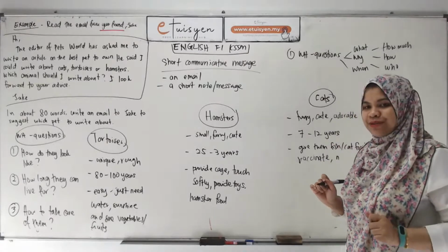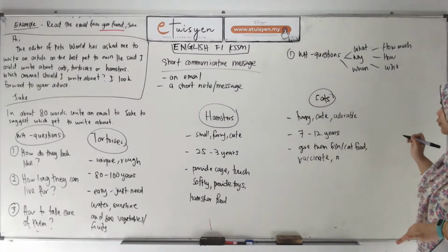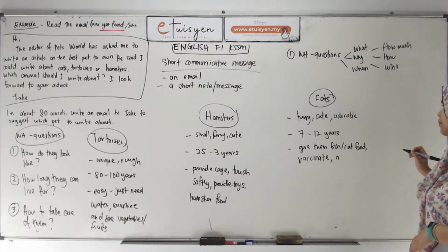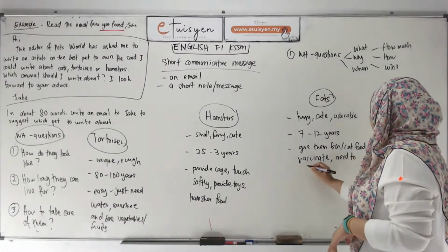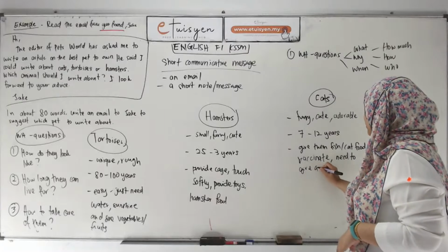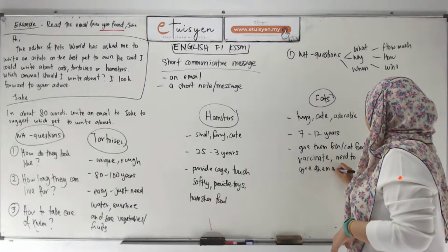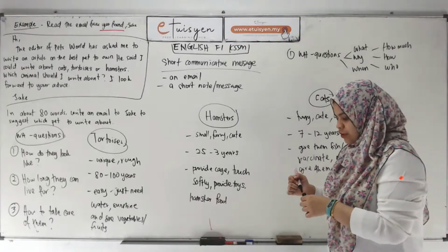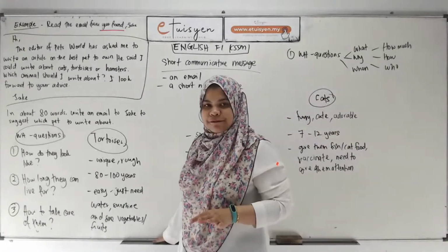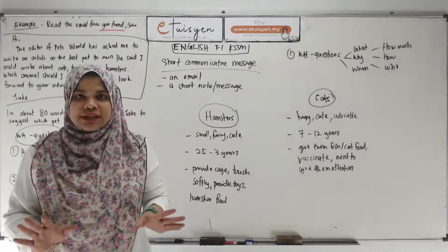Sorry, I can hear something outside. Okay, so you need to vaccinate them. What are the things you need to do then? You need to give them attention. Okay, so these are the points that I have, but you can add more. Seriously, you can add more.